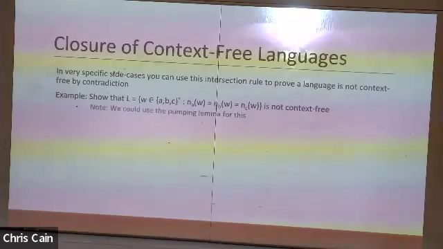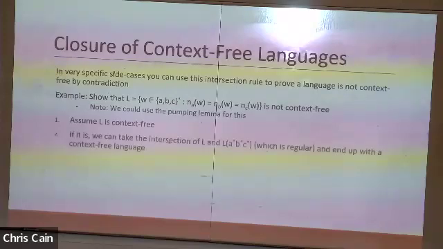So we could use the pumping lemma for this. We could do that, but we don't need to. First of all, we can assume that the language is context free, so we're going to continue just like a pumping lemma proof by contradiction. We want to take the intersection of the language that already exists, if we assume that it's context free, and A star, B star, C star, which is regular.